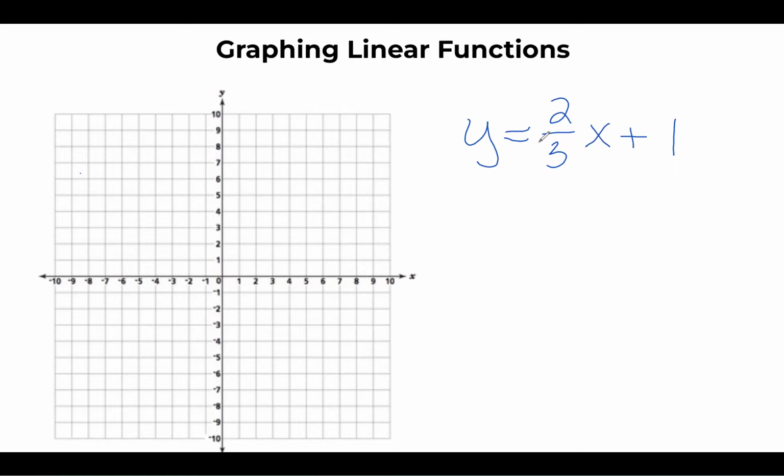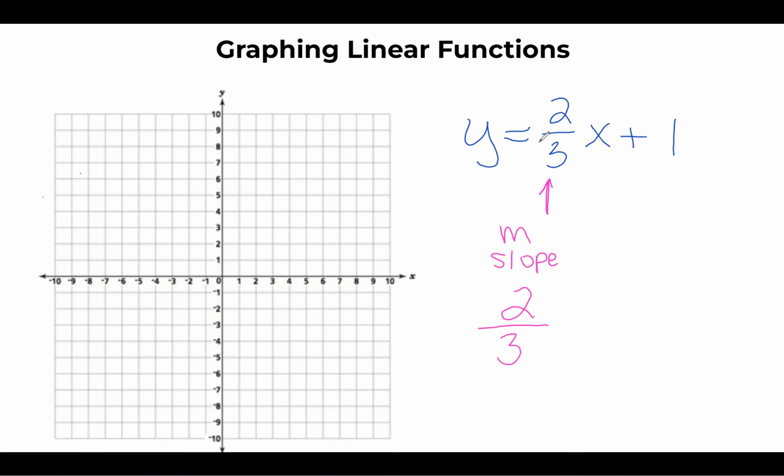With this, the m is attached to the x. m again is that slope. Slope tells us our rise over run. Well, that is 2 over 3.